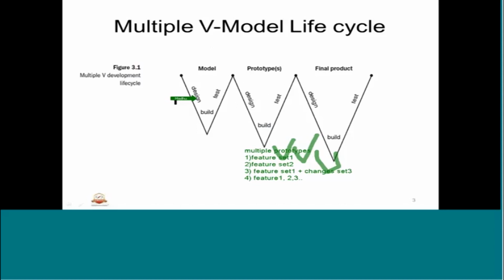All this together we will draw as a bigger V model, that is the final product or formal life cycle we can call. Usually this will be part of a master plan. You can call this one single V having multiple V's. That's why it's called the multiple V model life cycle.